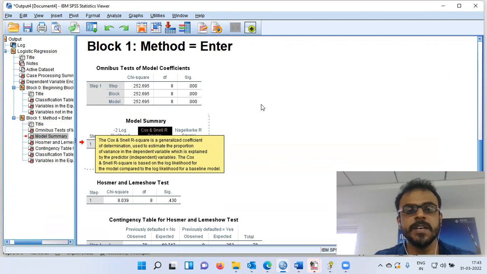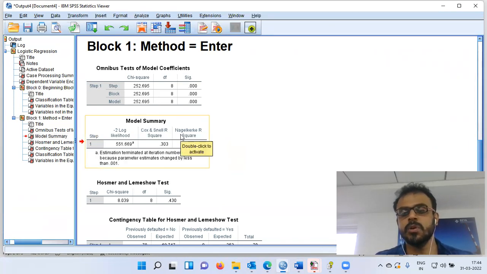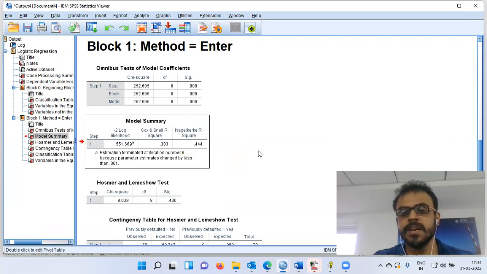It is used to estimate the proportion of variance in the dependent variable, which is explained by the predictor variables. The Cox and Snell R square is based on the log likelihood for the model compared to the log likelihood for the baseline model. So this is a form of pseudo R square. The Nagelkerke R square again is a pseudo R square measure. This is derived from the Cox and Snell R square itself.